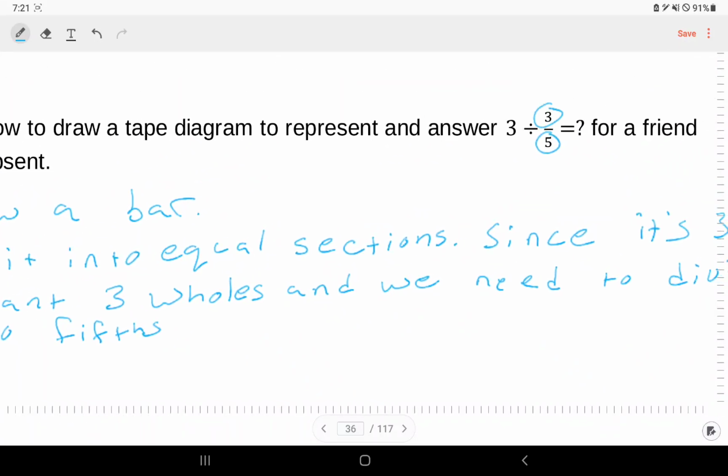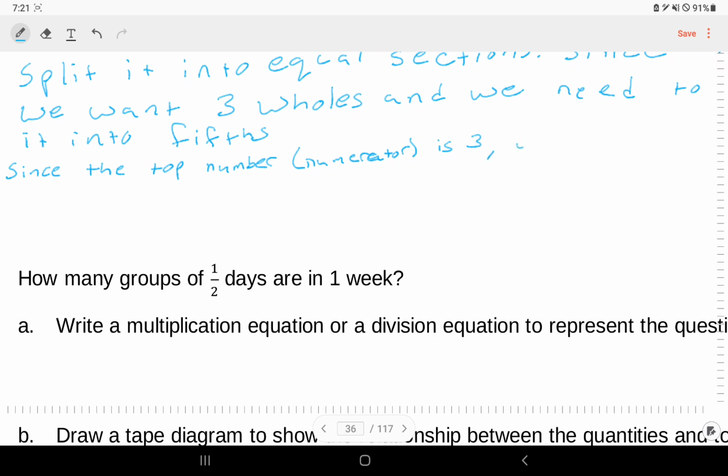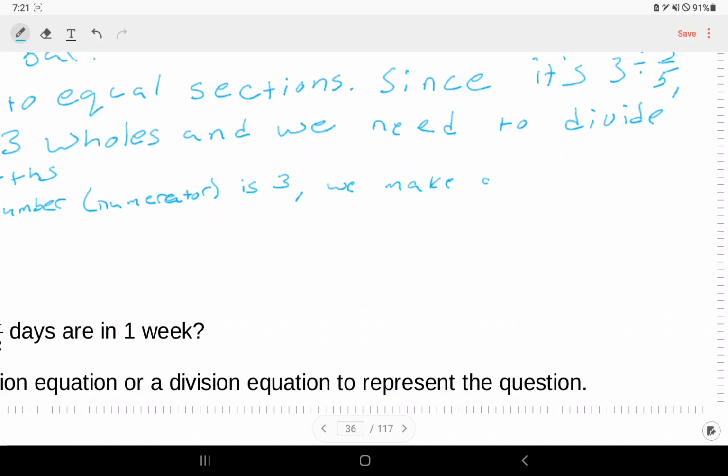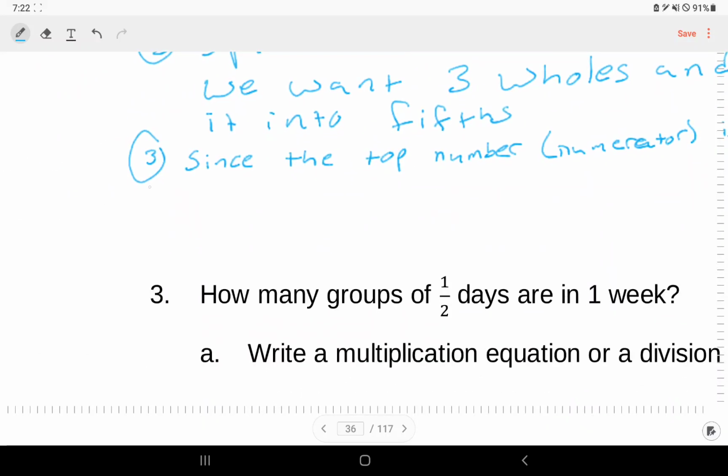Now, since the top number is 3, the numerator, we make groups of 3. It's jumping on me.